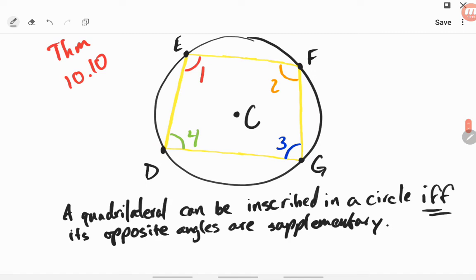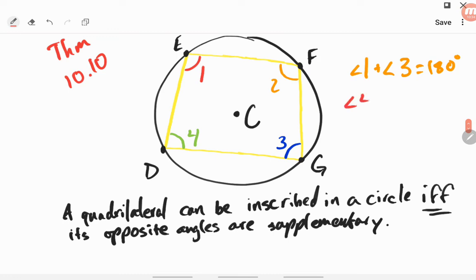So, for this specific problem, that means that angle 1, I'm going to use a better color here for this. If I had, let's go orange, angle 1 plus angle 3, those are going to have to be equal to 180 degrees.